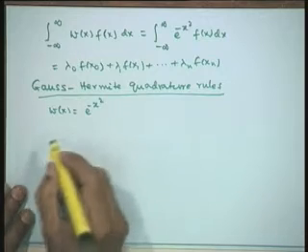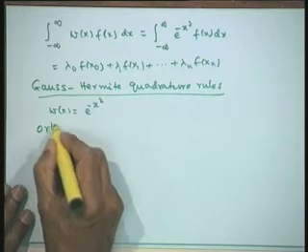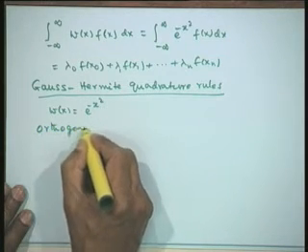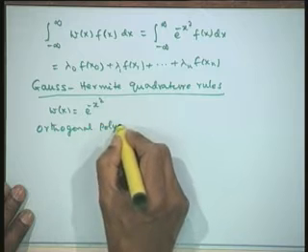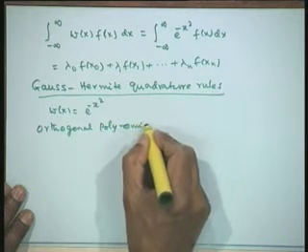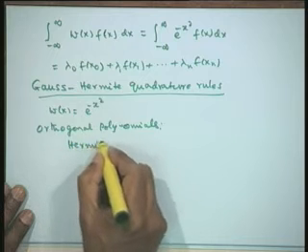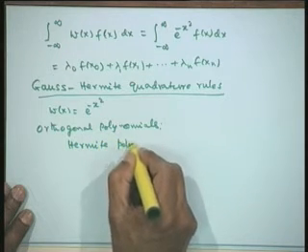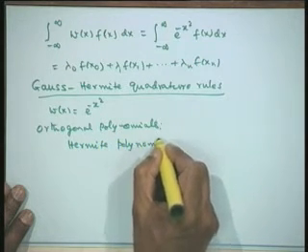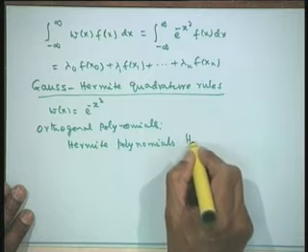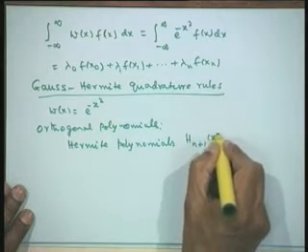The orthogonal polynomials here are the Hermite polynomials, which are denoted by h n plus 1 (x).